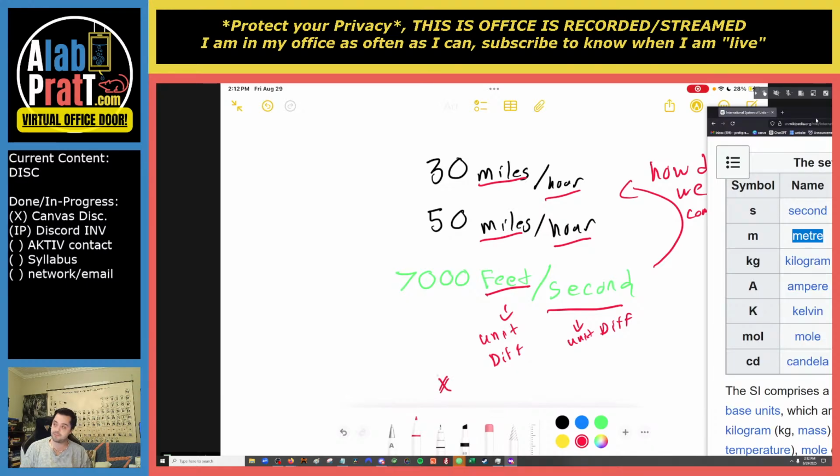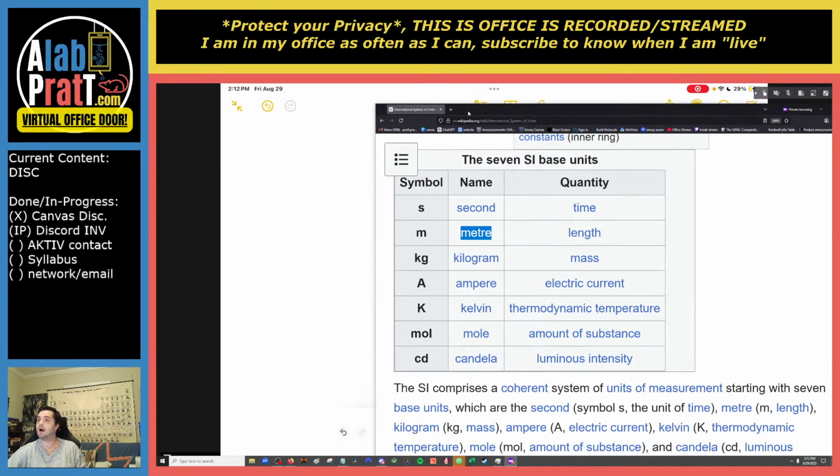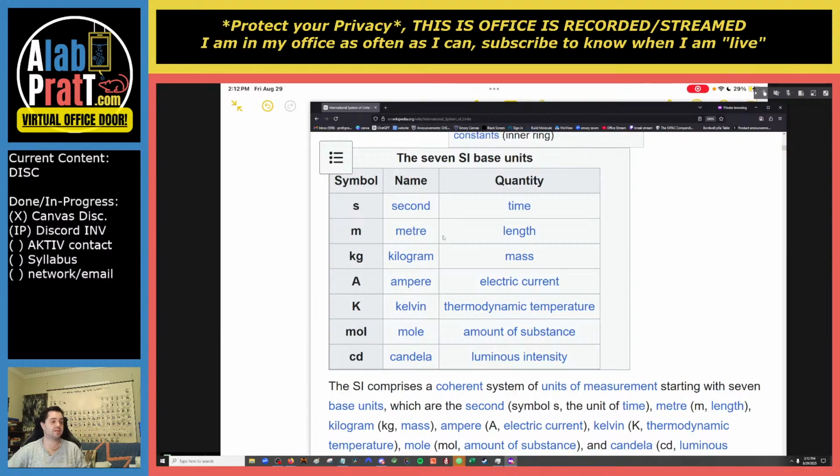What is this speed in meters per second? That would be ideal, because this is how scientists would like to have a base way to communicate with each other.